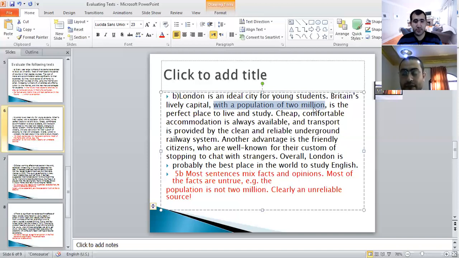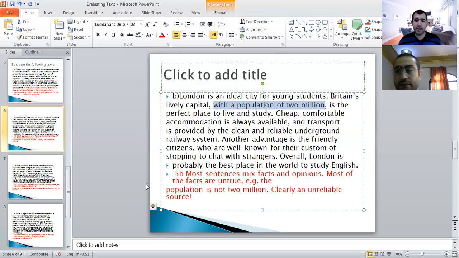So if it's a fact, you should make sure whether it is true or false, as long as there are numbers, some statistics, some figures that show this is a fact. So here it comes to something else: is it true or not? You need to search online to know the population of London and then compare it to the text.